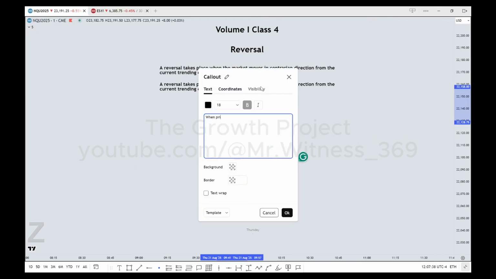So when price reverts or inverts, it means that the market makers, or as I like to call them, men in black, have taken an important level of liquidity.